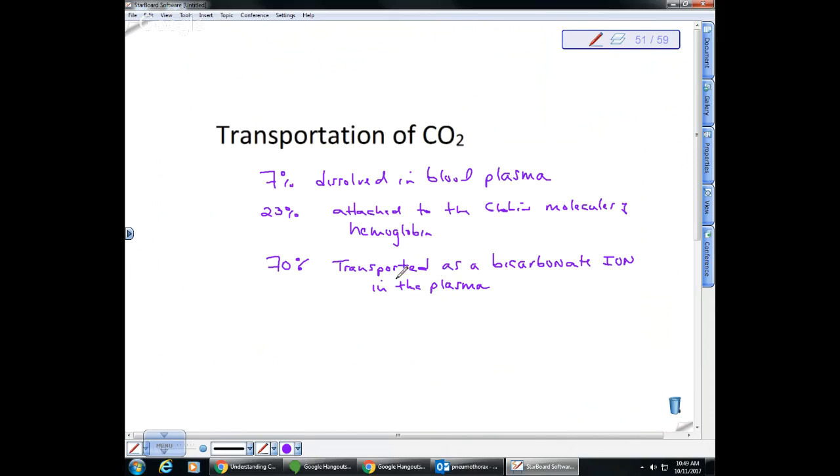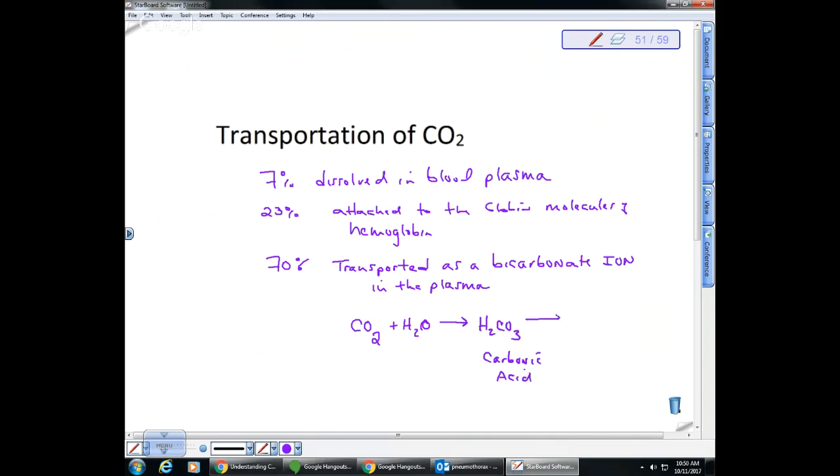So if we look at what this bicarbonate ion is, when you combine carbon dioxide with water, H2O, you get what is called carbonic acid, which is H2CO3.